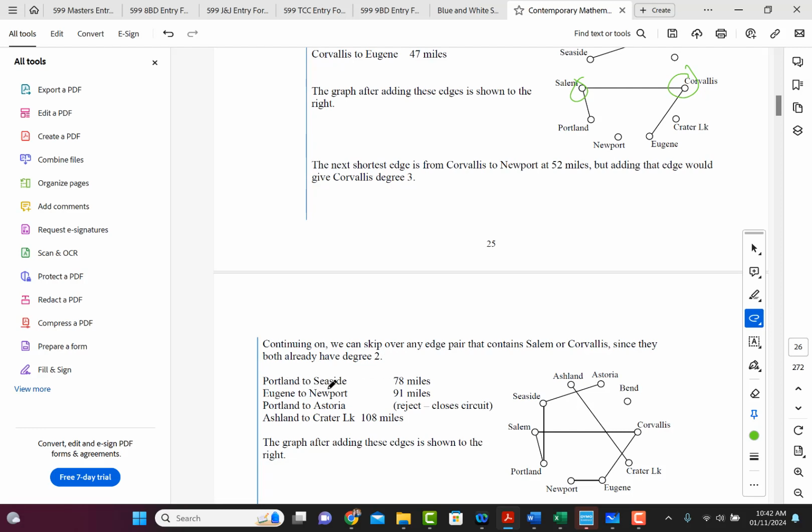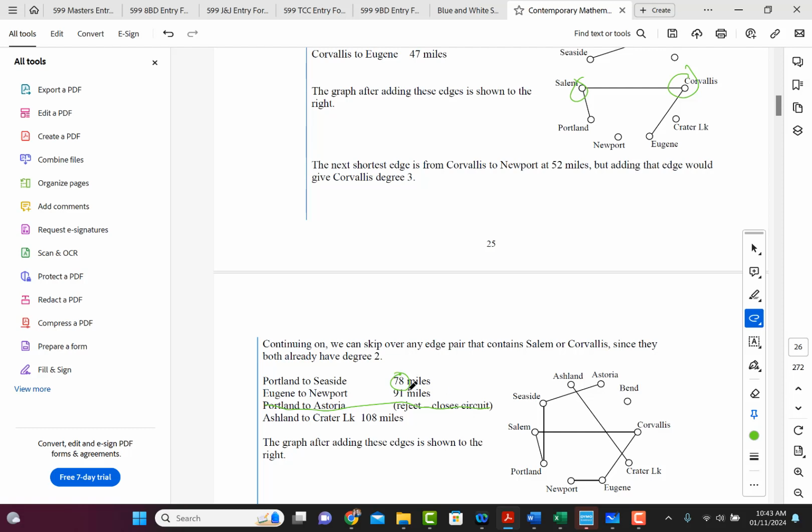So we get Portland to Seaside, Eugene and Newport, Portland to Astoria, Ashland to Crater Lake. And so these are the ones that we have. Now, let's look at Portland to Astoria. If we do Portland to Astoria, that closes a circuit, right? So again, we don't want that. So we'll skip that one. In this case, we'll add the other cheapest ones.